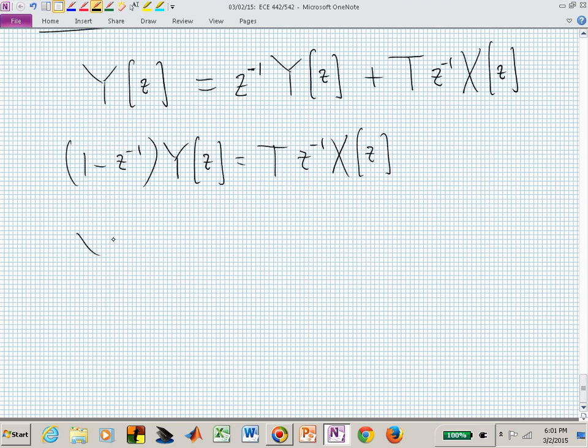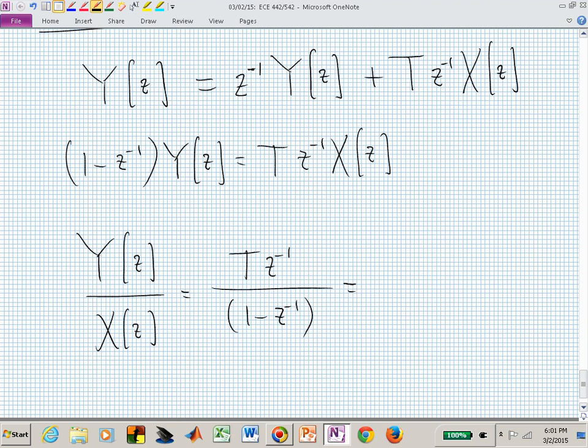And we can find the transfer function that relates Y of z to X of z by dividing both sides through by capital X of z, and dividing both sides through by 1 minus z to the minus 1, and we have T z to the minus 1 over 1 minus z to the minus 1.